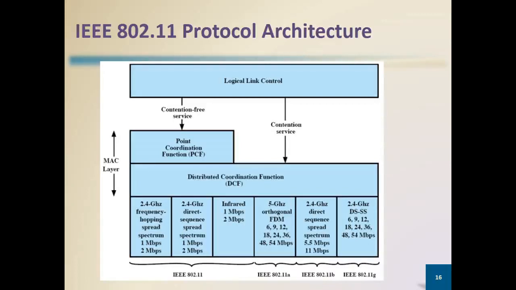Now they all operate at 1 or 2 megabits per second. As I mentioned earlier on, most wireless systems or 2.4 gigahertz transmission can only support 54 megabits per second transmission.